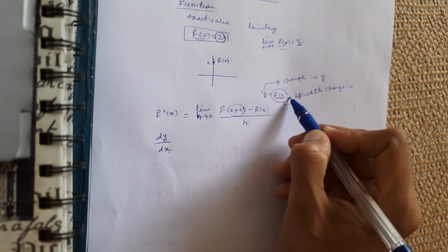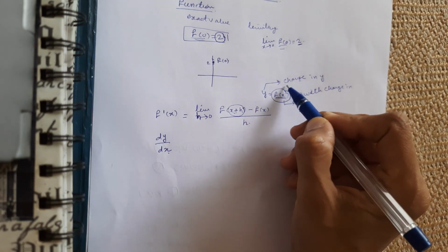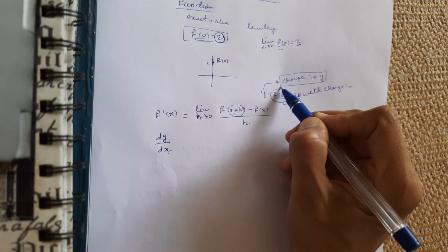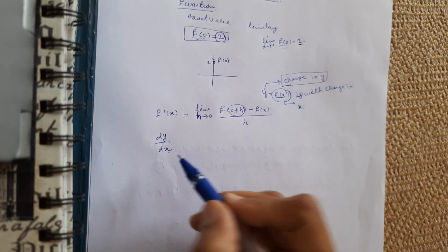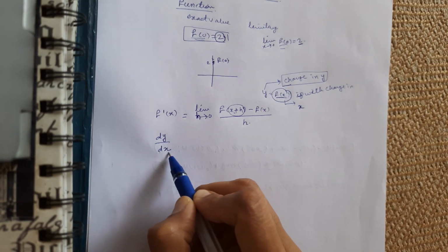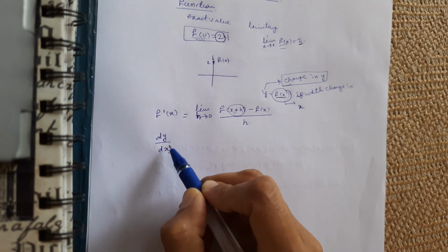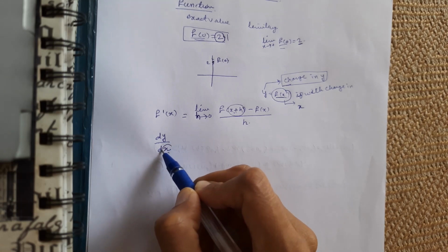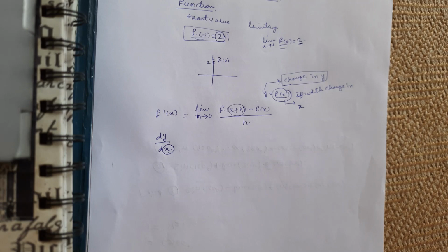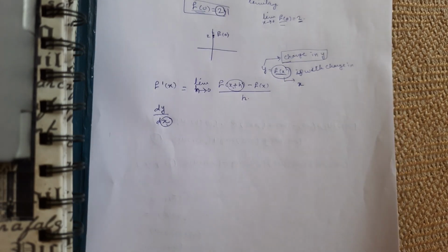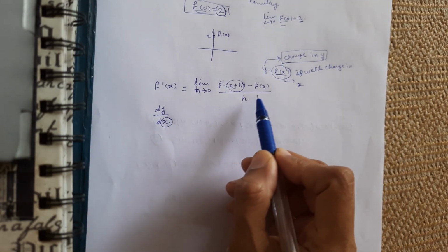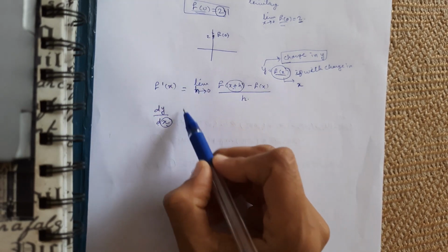Whatever change happens in x, I want to see what change y gives me. So we write it as dy by dx. Okay, so this change we are observing with respect to x. Now this is called the first principle of derivative.